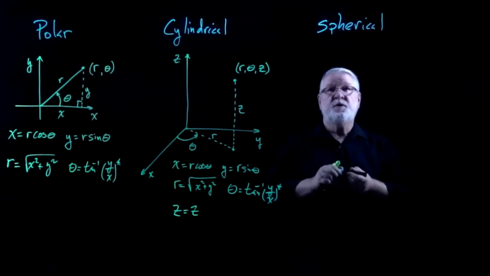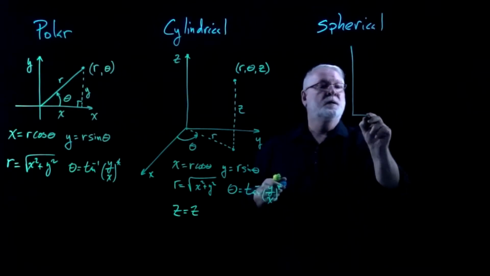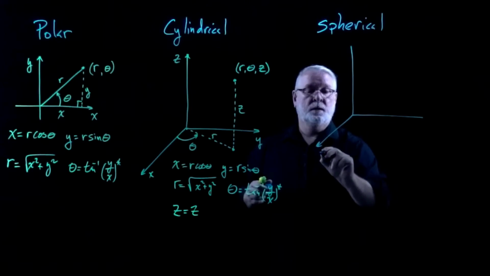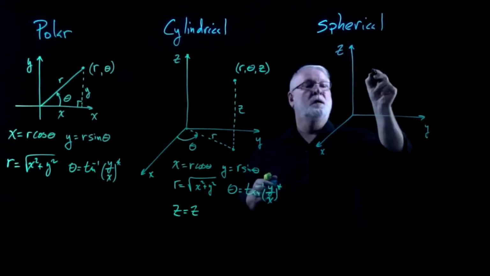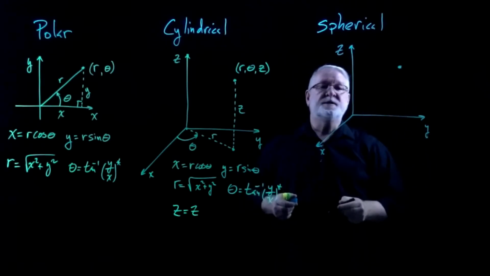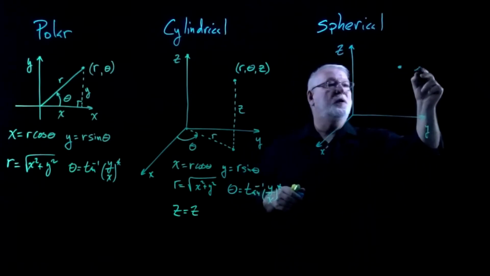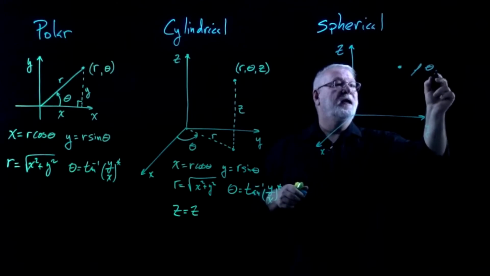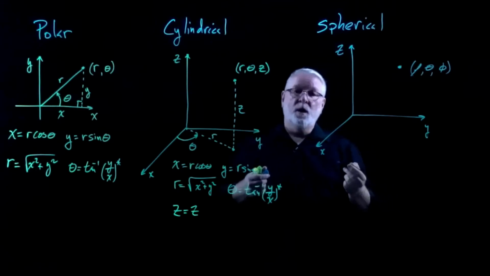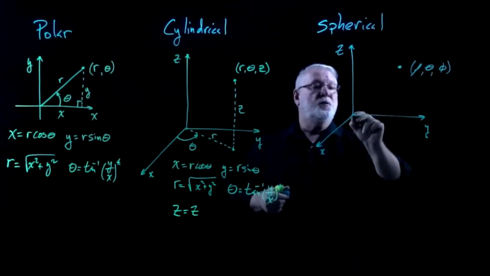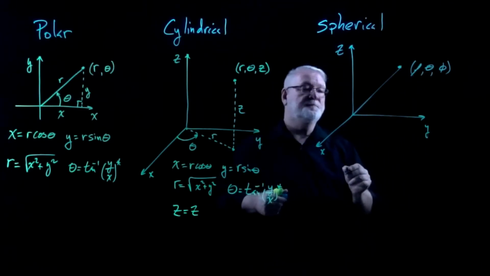Now let's talk about spherical coordinates. Spherical coordinates define a point in terms of the three coordinates rho, theta, and phi. Rho is the radius to the point from the 3D axis.